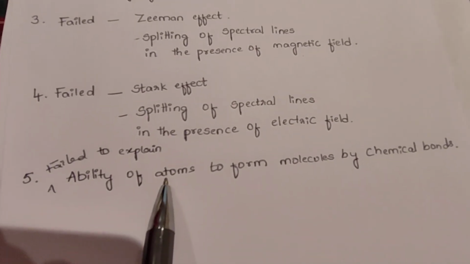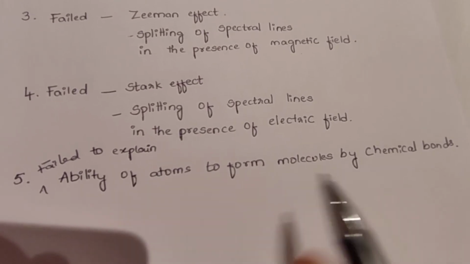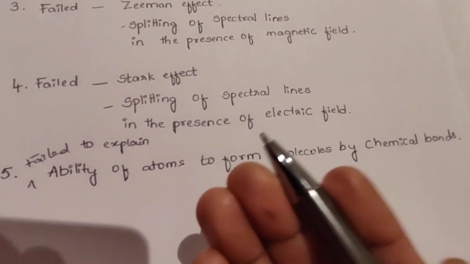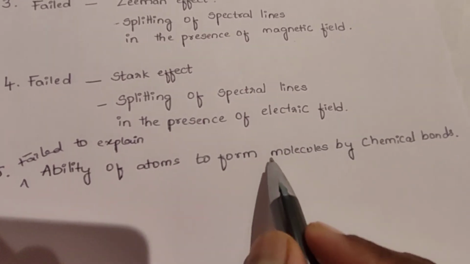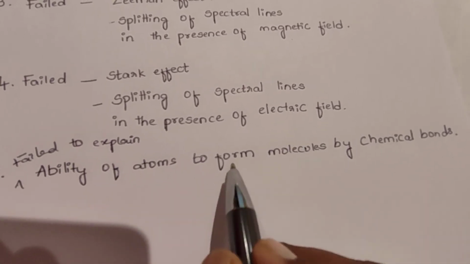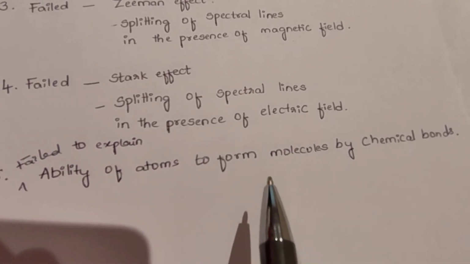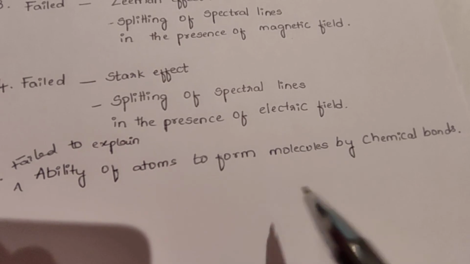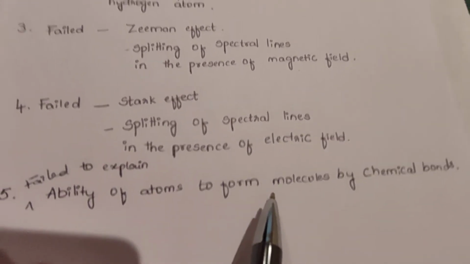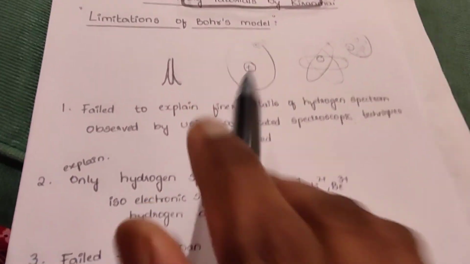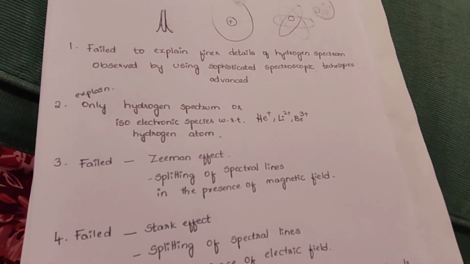See, atoms form chemical bonds between them, and then they lead to the formation of molecules. How atoms are involved in chemical bonding, how molecules are formed, is not explained by Bohr's model. So these are the drawbacks.